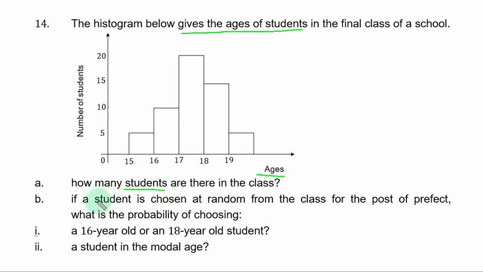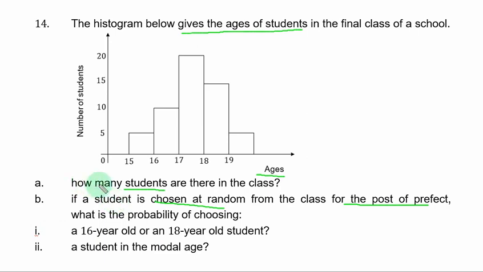B, if a student is chosen at random from the class for the post of prefect, what is the probability of choosing, Roman figure 1, a 16 years old or an 18 years old student? Roman figure 2, a student in the modal age.